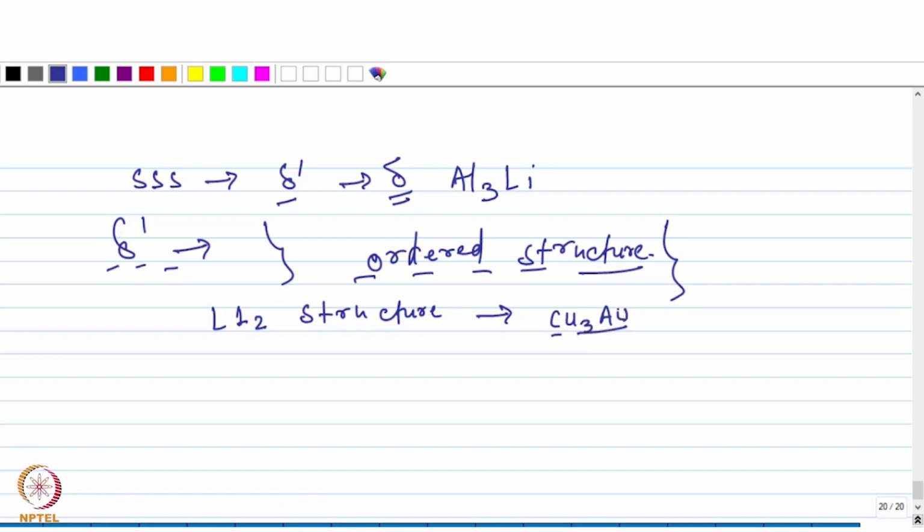Having a similar stoichiometry, as you could see, 3:1, right, between the two atoms that you have. Here it is lithium and aluminium, and in this case it is between copper and gold. Okay, so this kind of atomic configuration can form an ordered structure over a long range. So this is basically an FCC kind of structure.